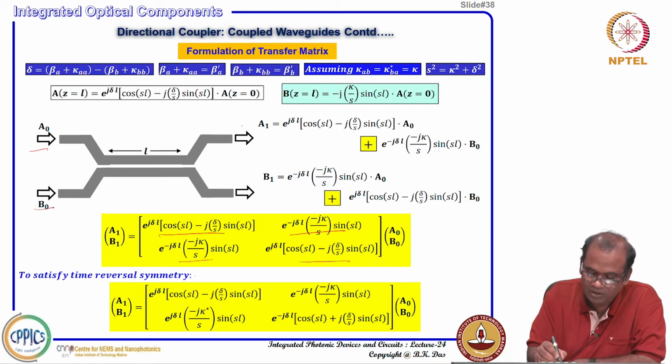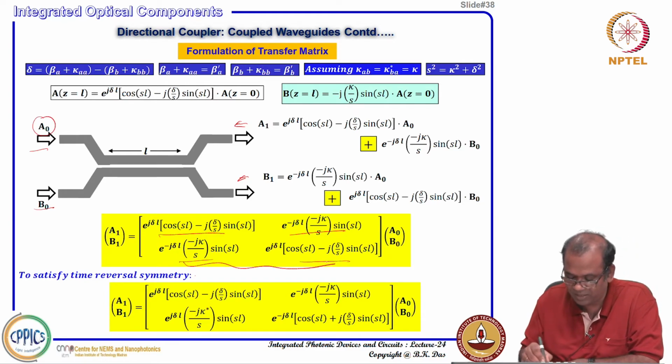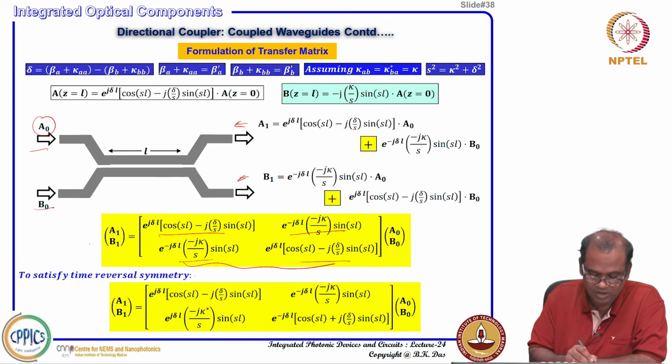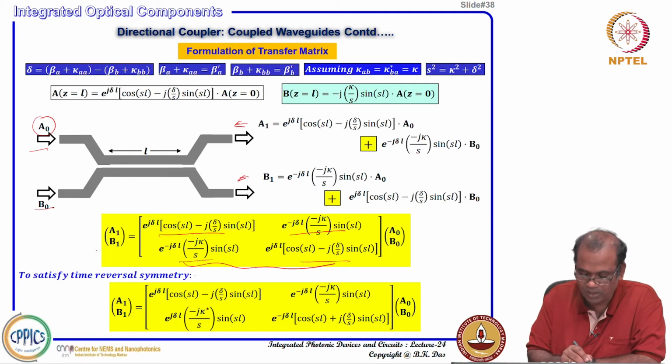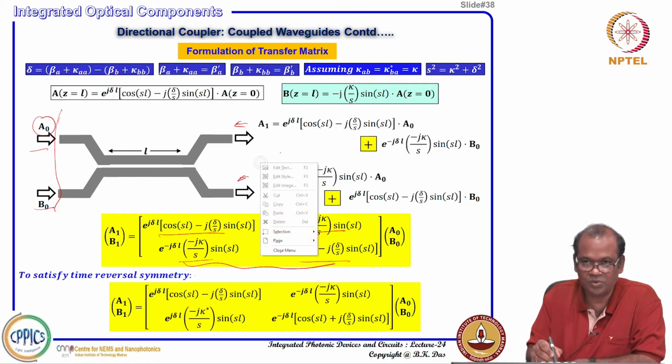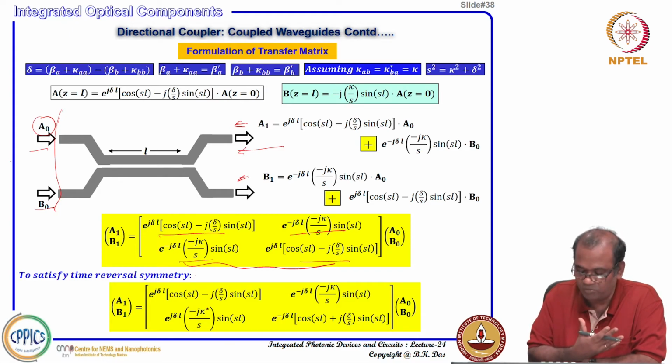It can happen that we launch from this side, A1 and B1, and I should be able to get A naught and B naught from the same matrix, by taking the inverse. This is basically a bidirectional device. Whatever I get when launching from this side, if I launch from the other side, I should get an identical mathematical matrix formulation.